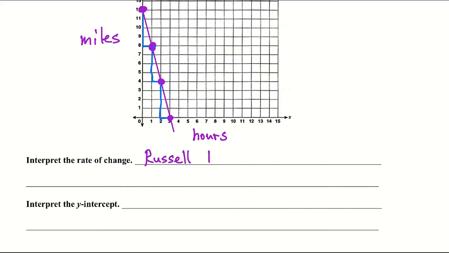Russell travels, here we go, four miles closer to his home each hour.